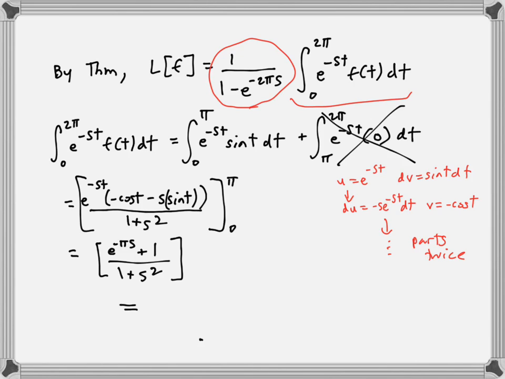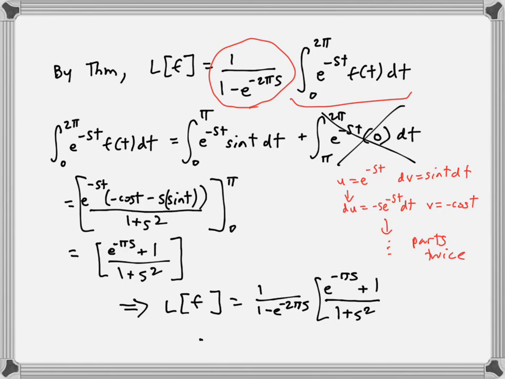We end up with the Laplace transform of f is equal to, remember we pulled this guy out, 1 over 1 minus e to the negative 2 pi s, and then we multiplied it by e to the negative pi s plus 1 divided by 1 plus s squared.